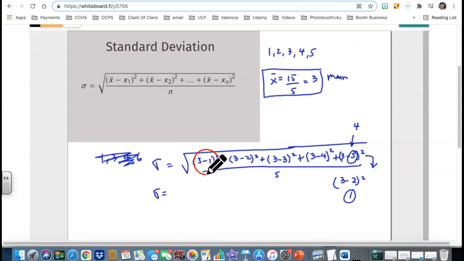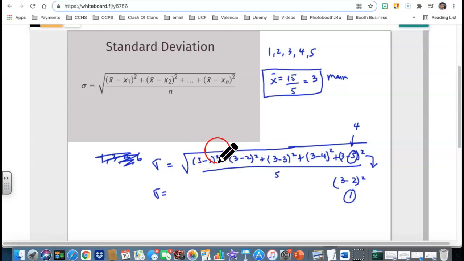And this is the way you find the standard deviation. Those three dots mean whatever amount of data you have, you got to do the same process for every single one of them. If you have 100 values, then it's going to be 100 of this. Mean minus the first one, mean minus the second one, mean minus the third one, every single one to the second power. So you're not going to get a negative value out of any of this.